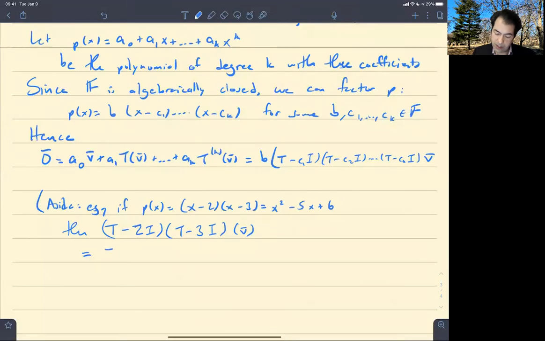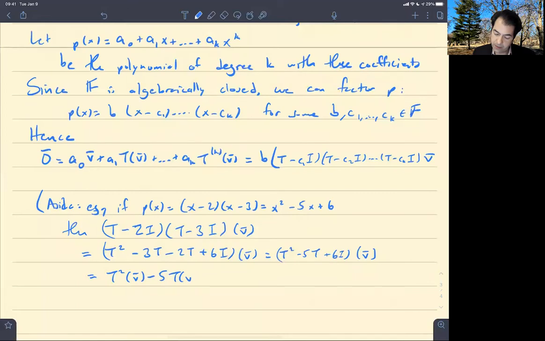T composed with T is T squared, minus 3 times T, minus 2 times T, because the identity composed with T is just T, and then plus 6 times the identity, all of that applied to v. But of course, that's just T squared minus 5T plus 6 times the identity applied to the vector v, and that is T squared of v minus 5T of v plus 6 times v.